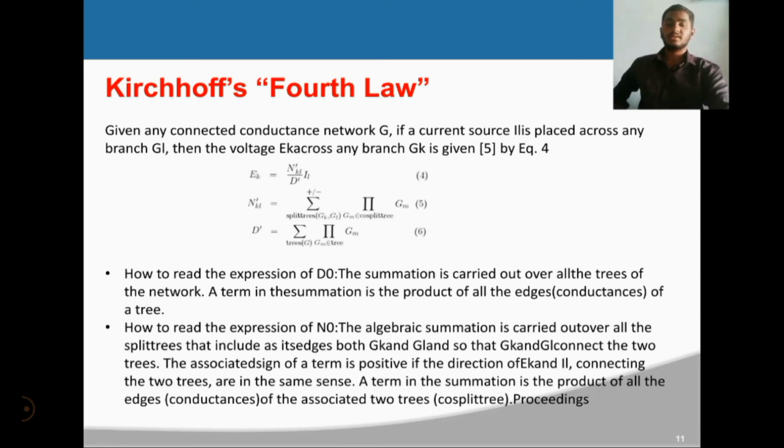The associated sign of a term is positive if the directions of E_K and I_L connecting the two trees are in the same sense. A term in the summation is the product of all the edge conductances of the associated two trees. Co-split tree proceedings.